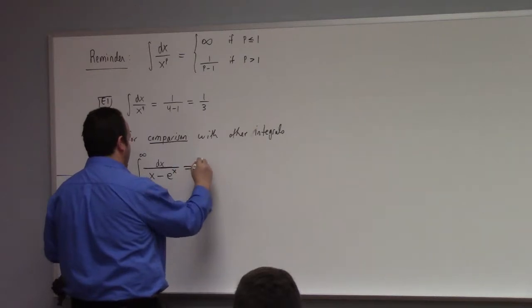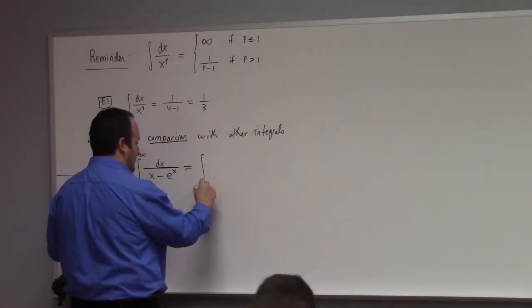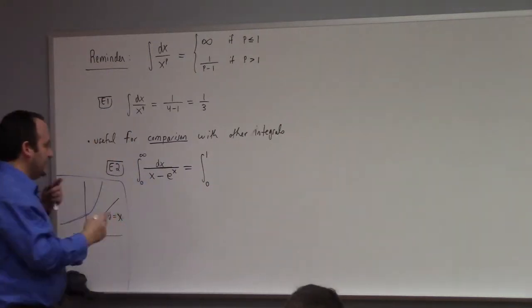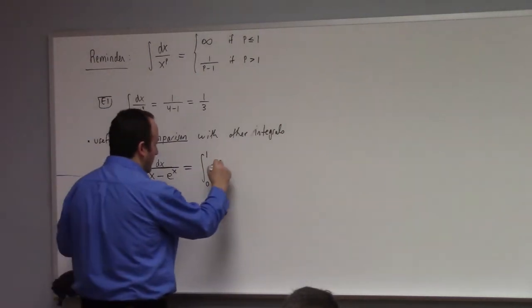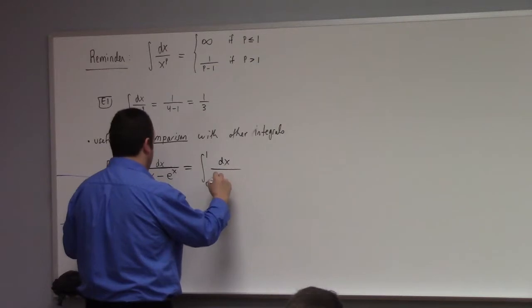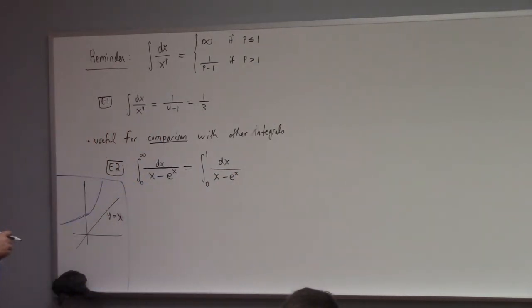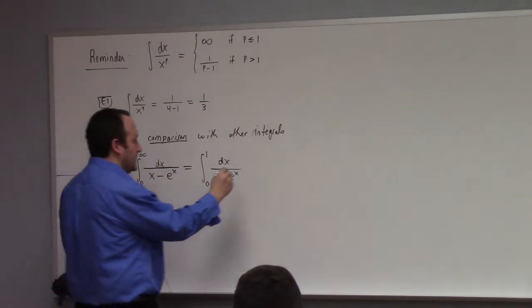If I was smart, I'd go back to my notes, but I wanted to illustrate some freewheeling examples here for a couple minutes. So we could break this into the integral from 0 to 1 of dx over x minus e to the x. I don't know what that works out to, but it's just a number. Why do I know that?